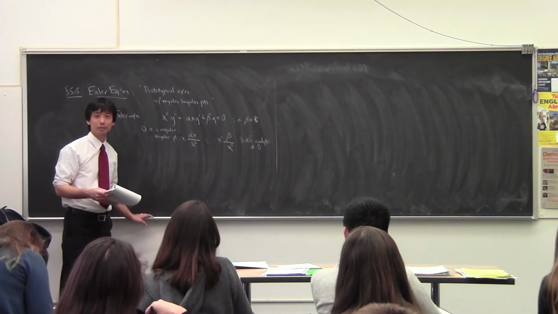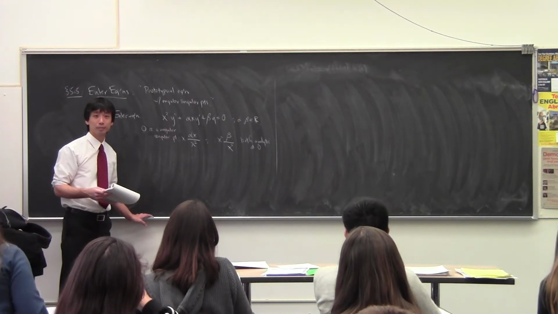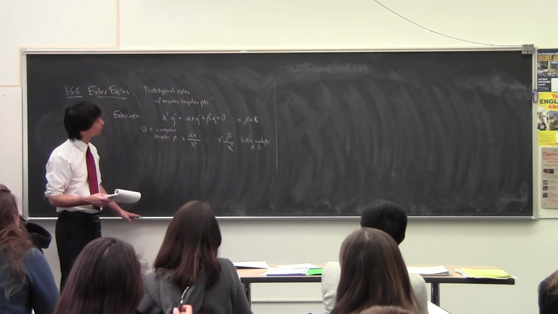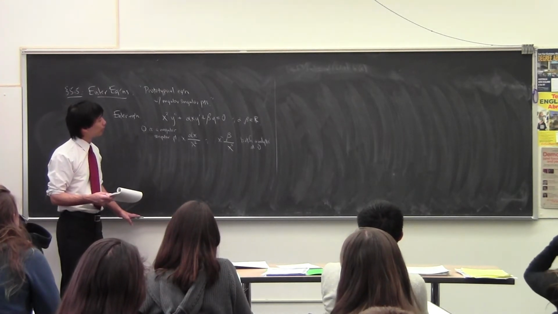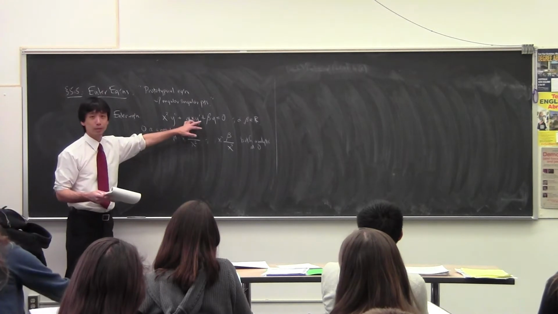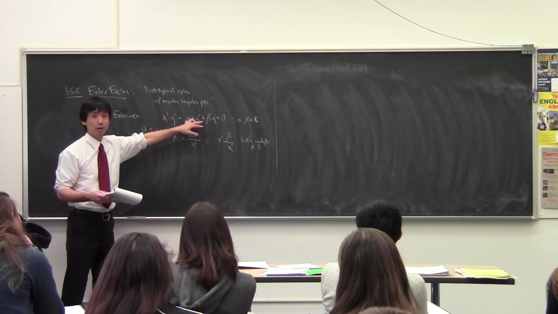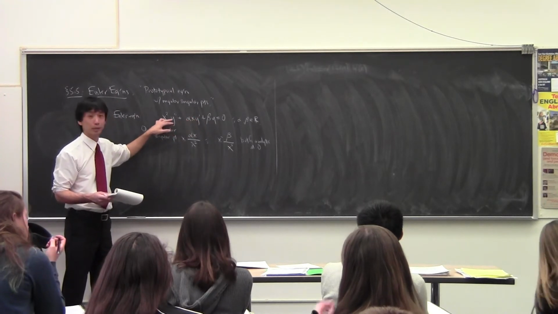Emily? Does it matter that when you multiply through, we're left with the alpha and the beta? Is there something special? Those are just numbers. Any equation of this form with any numbers here is called an Euler equation.